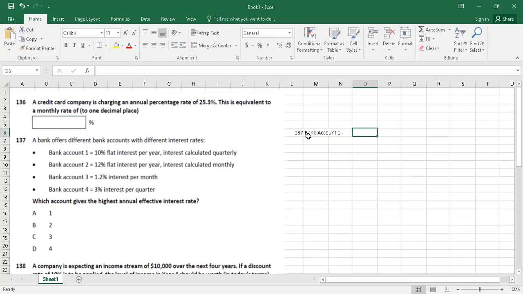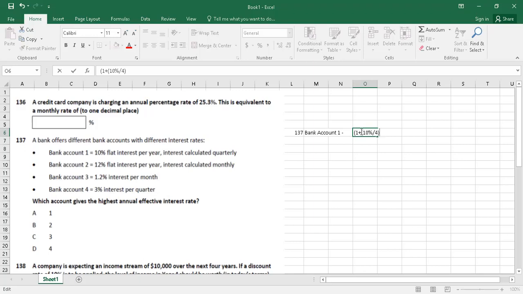The calculation would go like this: 1 plus the percentage of interest, 10%, divided by 4. Interest is calculated quarterly, and in a year there are 4 quarters.